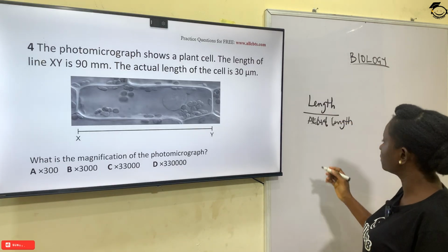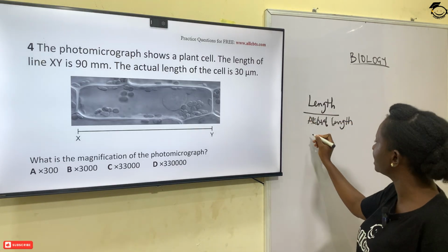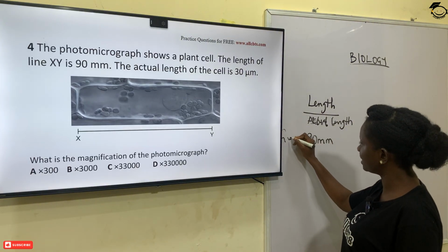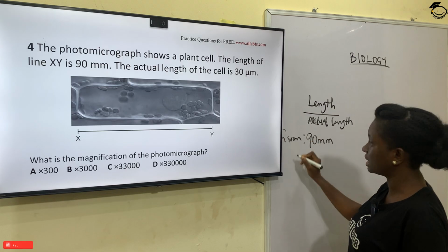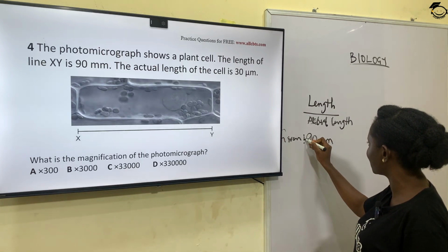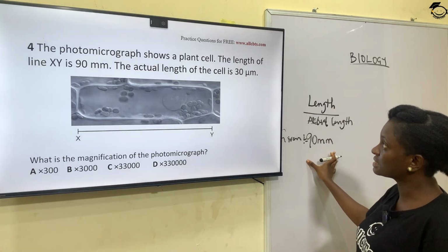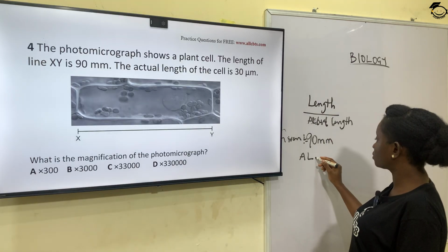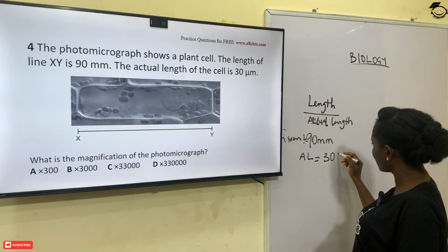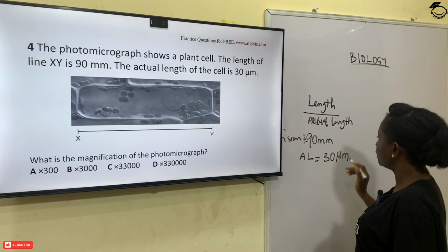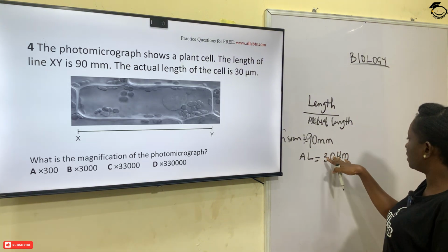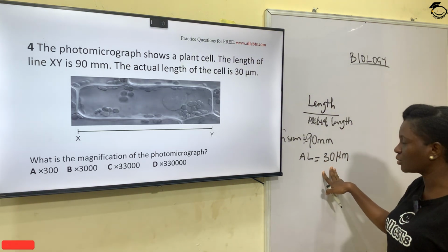So given, we have the length to be 90 millimeters, and we have the actual length to be 30 micrometers. So we are to divide 90 millimeters by 30 micrometers.